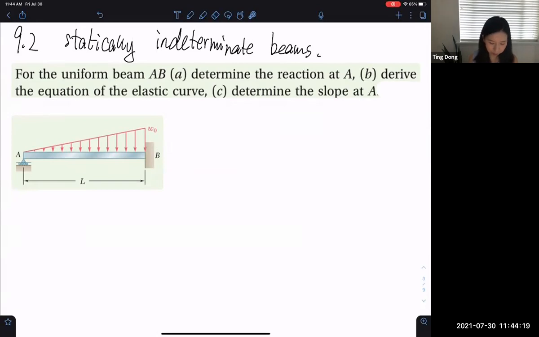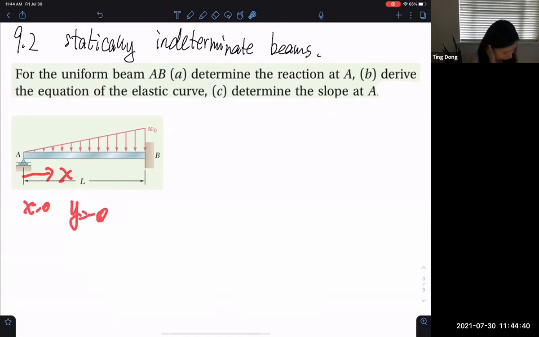The roller support at point A constrains the deflection at A to equal 0. So if y is in this direction, we can use y equal to 0 at A. This becomes an extra equation, and we can solve for the reaction force at A and the reaction force and reaction moment at B, then the whole problem is solved.